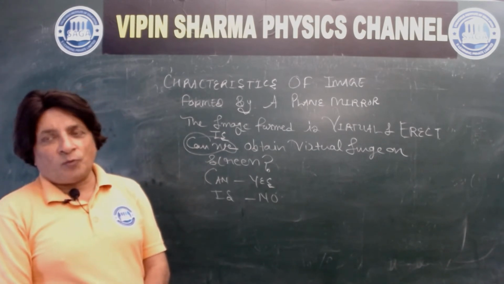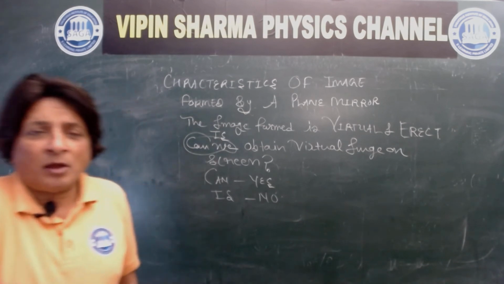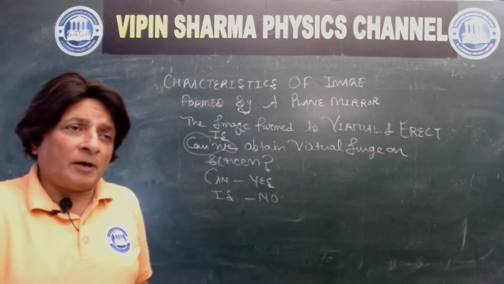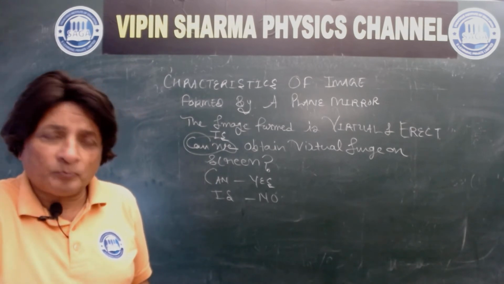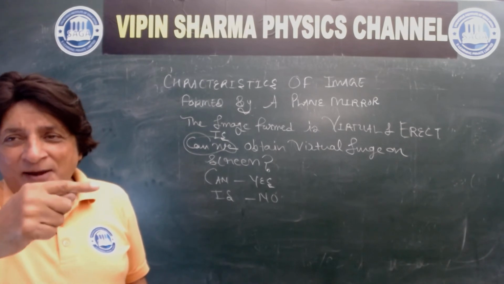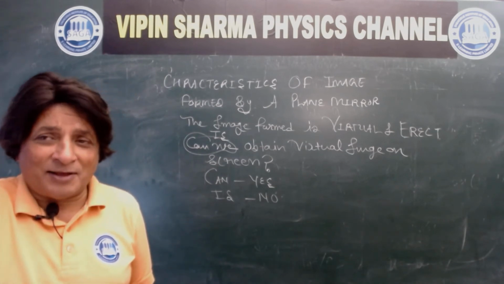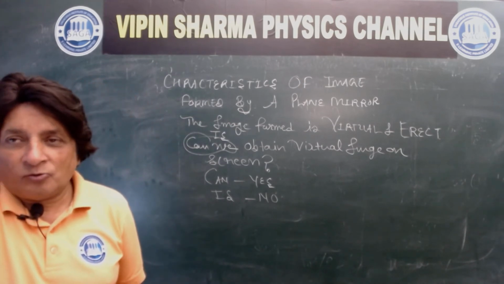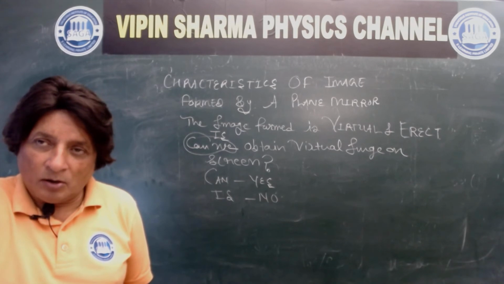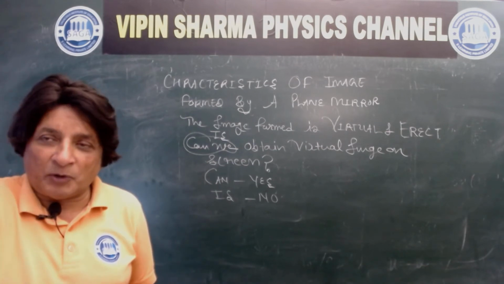Dear 10th class students, आप पूछेंगे सर what is the logic of can and is? We can obtain the virtual image on screen. How? Like you see yourself in a plane mirror, take a camera, photograph it. तो जो फोटोग्राफ है वो स्क्रीन का काम कर रही है, फोटोग्राफिक प्लेट। अब आप ये डिजिटल की बात ना करना, जो प्रिंट निकलता फोटोग्राफ का, तो वो हमने ग्लास में हम देख रहे हैं, we are looking into the mirror and with the help of the camera we click the pic and then we get its print out.